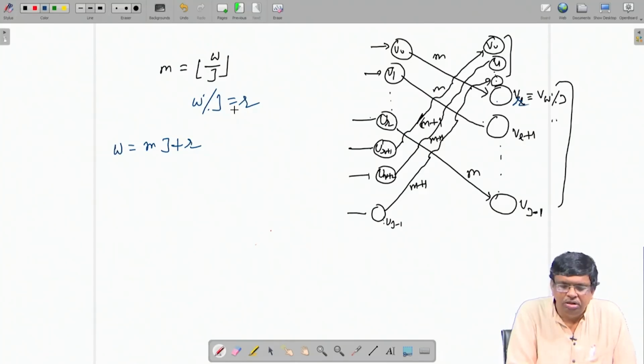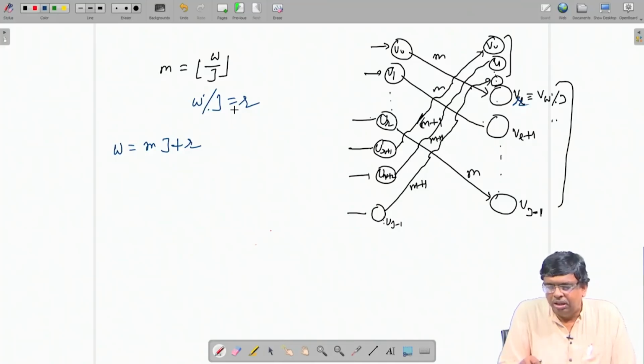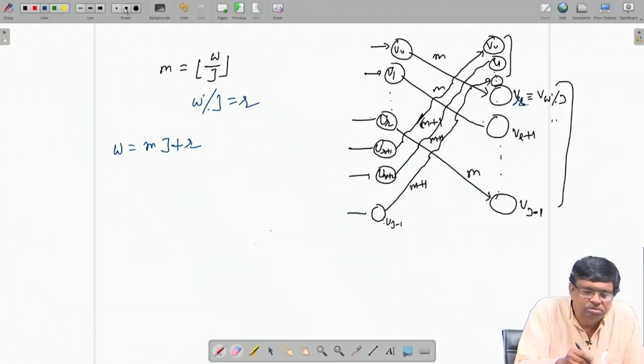So that means the remainder should be R, that is if you divide W by J, m is the quotient, so m number of cycles to the right you go, and then you hit the starting point, then further by the remainder, if remainder is R, instead of L it should be R.